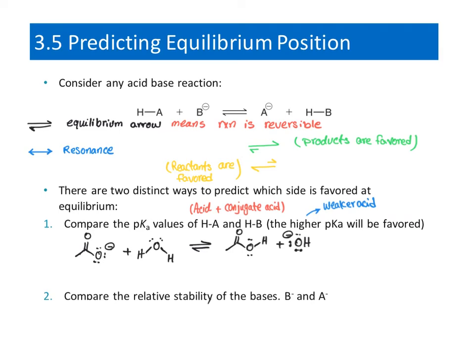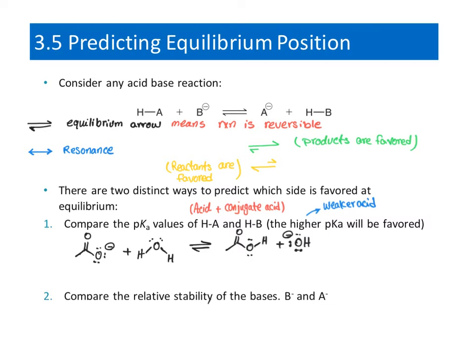So we have an acid and base reaction. Water is deprotonated in this reaction and converted to hydroxide, and the carboxylate anion takes the proton from water and becomes acetic acid.